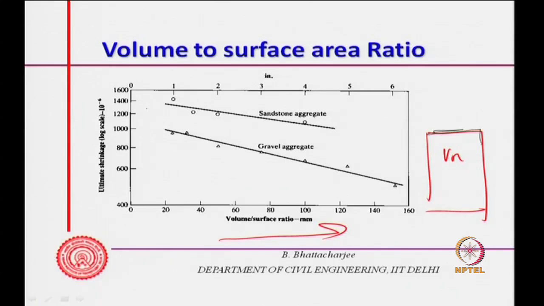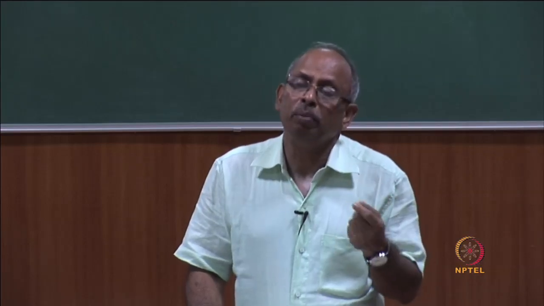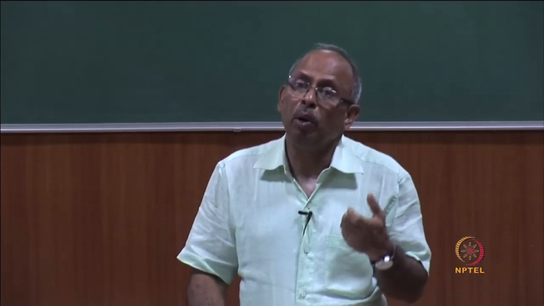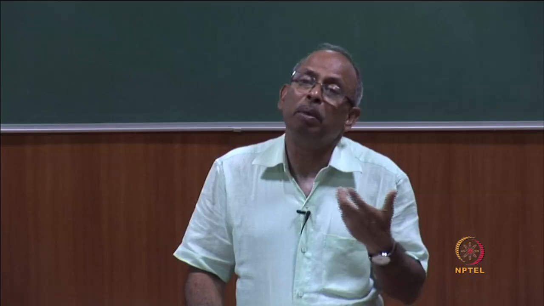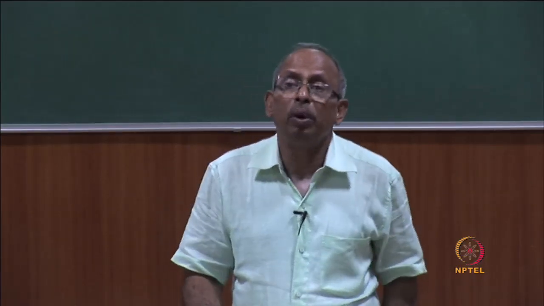This is important. If the volume to surface area ratio is large, it means that I have lesser surface area per unit volume. So, I will have less evaporation. When the volume to surface area ratio is small, I will have more evaporation.